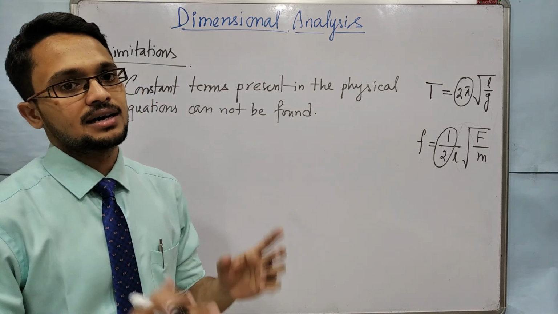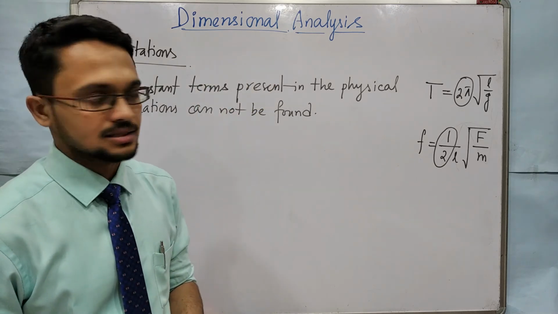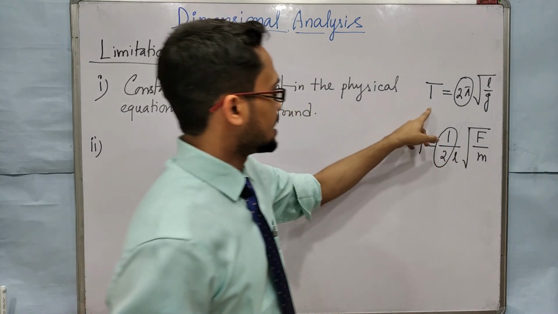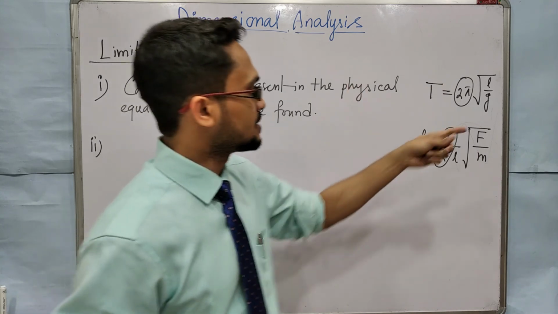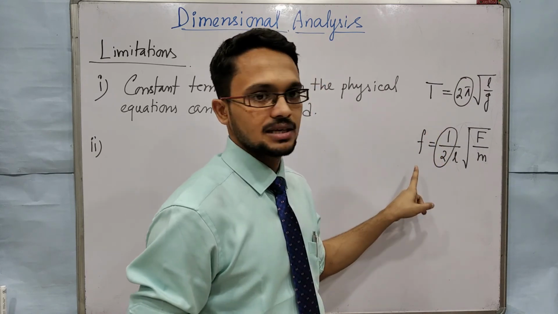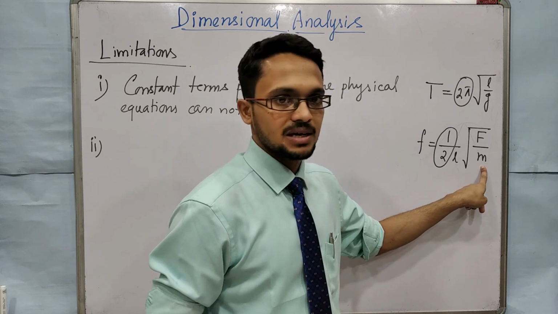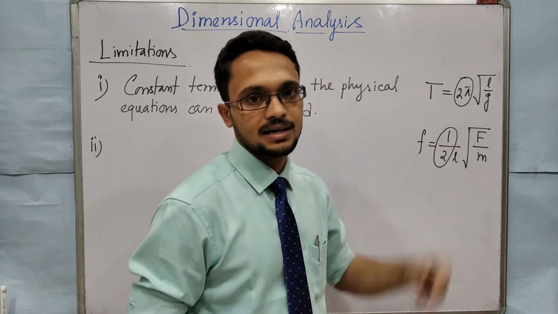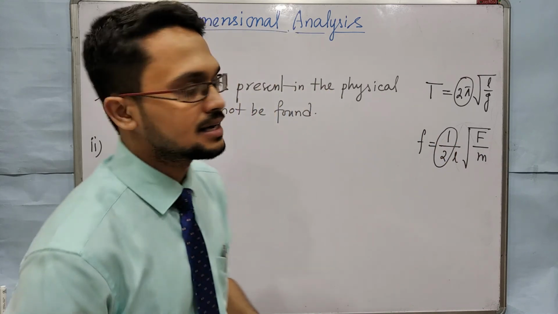Whatever the derivation we had done today, there I have written that the time period depends on 3 factors: mass of the bob, length of the string, gravitational acceleration. Here the frequency in the stretched string depends on 3 factors: tension, the mass per unit length, and the length of the string. So there are 3 factors. If there are more than 3 factors, then we are unable to find the relation among them.